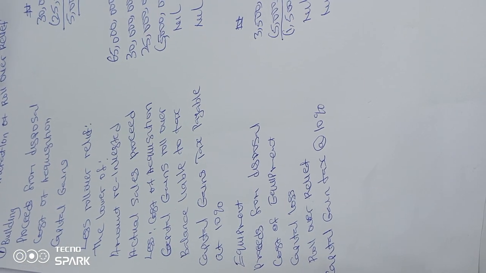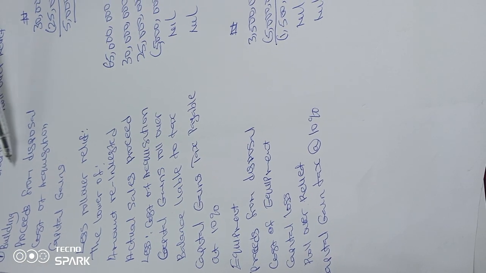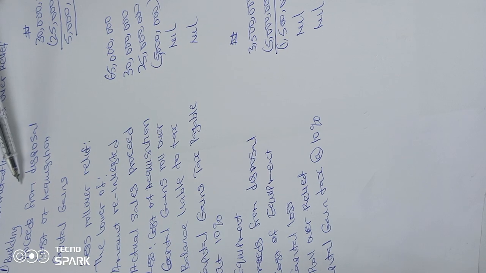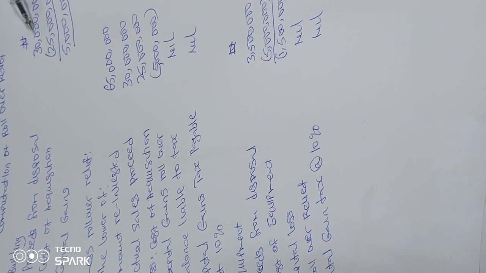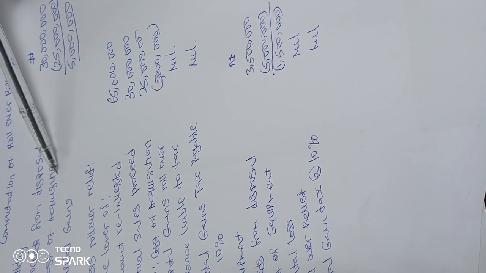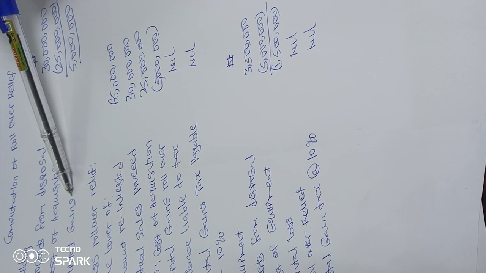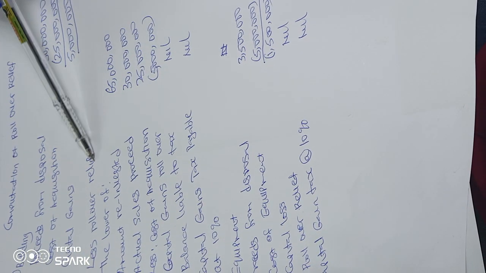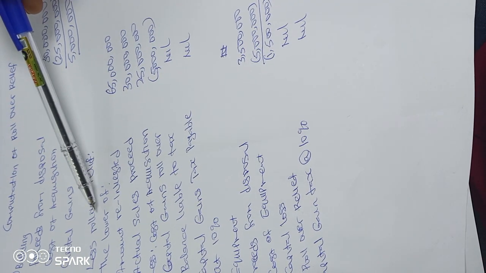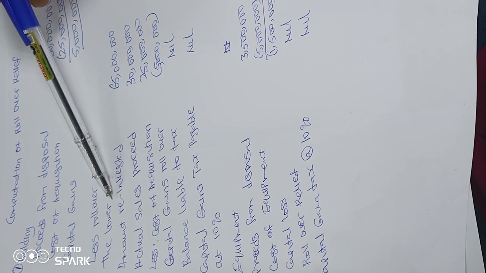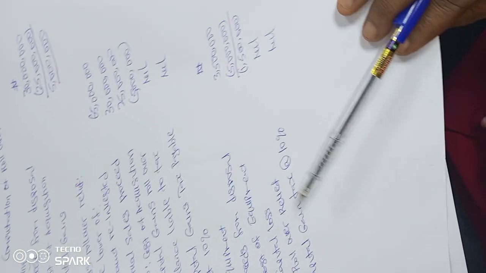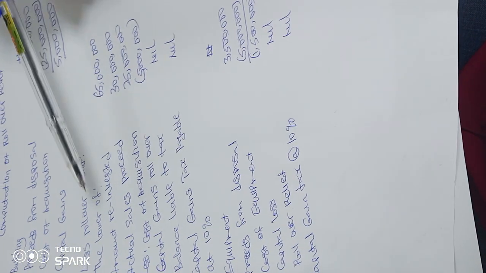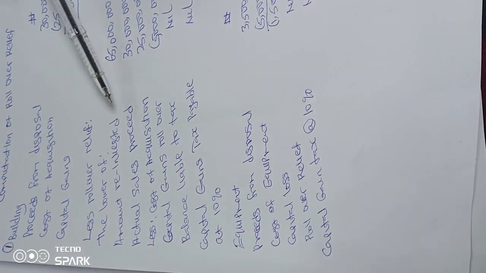So when you are computing rollover relief, you bring in the proceeds from disposal, which is 30 million, and the cost of acquisition, 25 million. When you deduct this from this, it is your capital gain. Then you less the rollover relief, the lower of, which means you bring in the other items where it was reinvested.